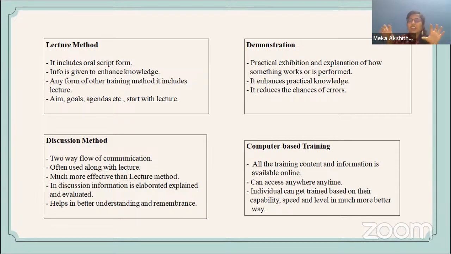It is a rare training method because it is very expensive to bring all that technological material, and also very time consuming and costly. So we won't be using these virtual or 3D training mechanisms mostly, but it is one of the training methods which can be used.